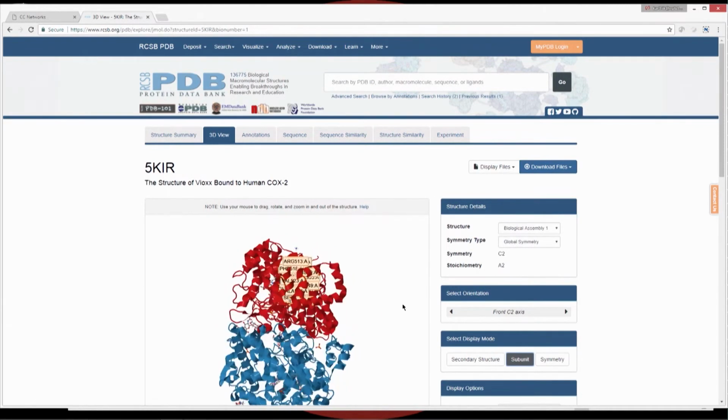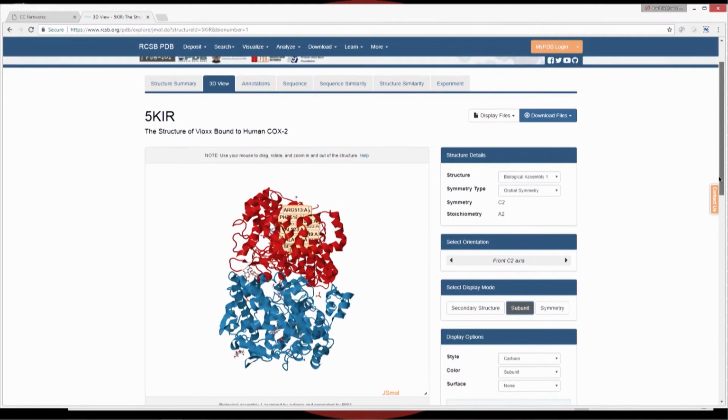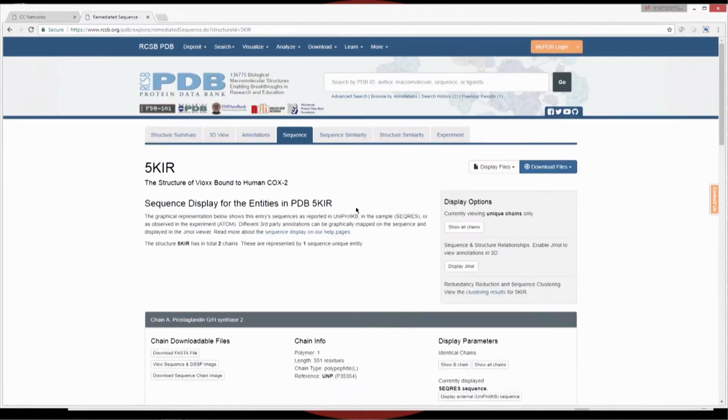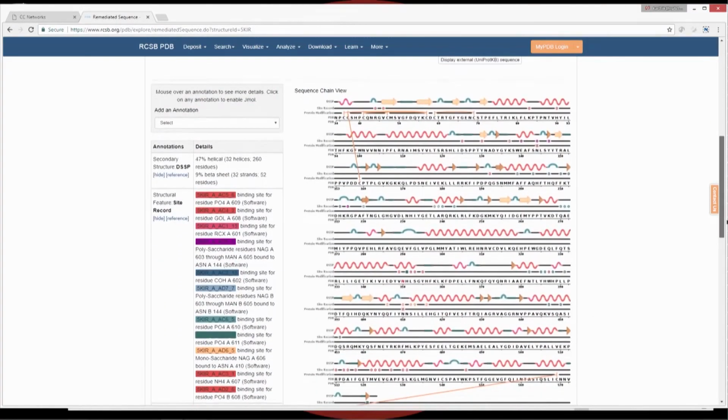So PDB is quite a useful protein data bank. It contains a large number of proteins. It also gives you the sequence of the amino acids. Okay, sequence display for the entity in PDB 5KIR. As you can see here, it gives you the sequence of this.